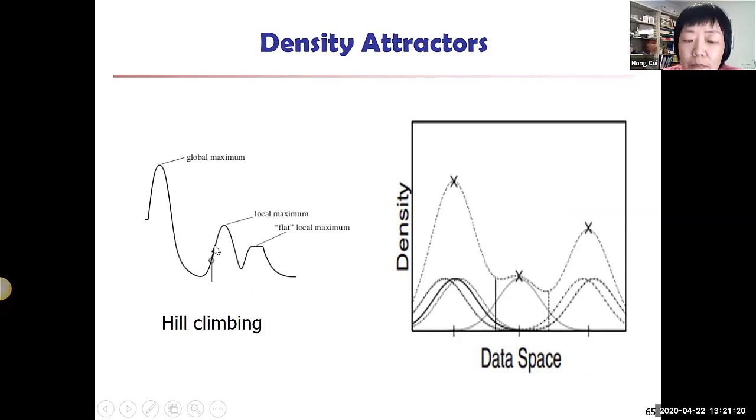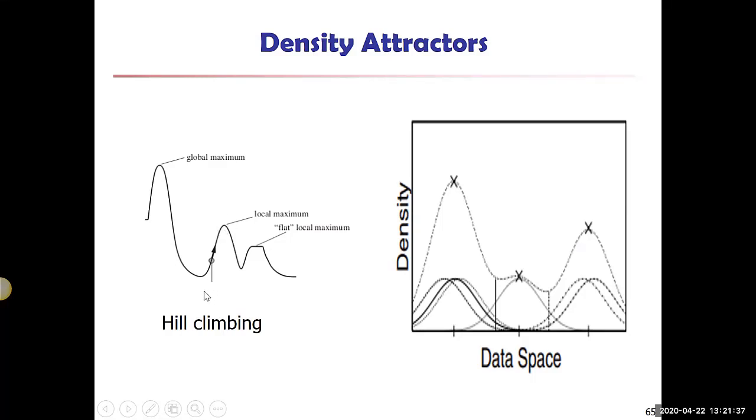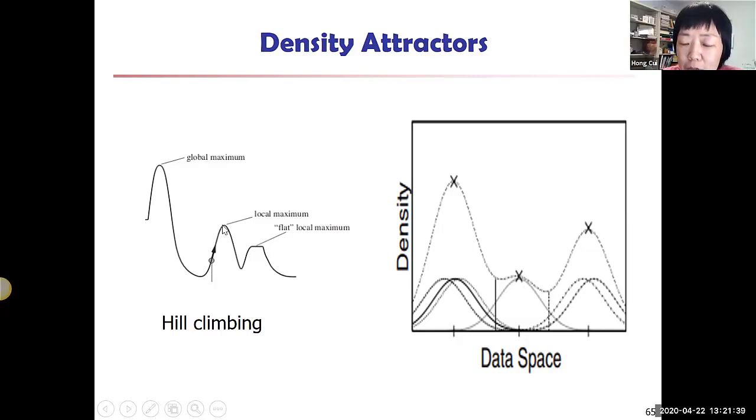So we move up, move up, move up. For this one single point, we move this projected point up to its tip to find that this point is attracted by this local maximum. So this point is potentially assigned to this cluster.